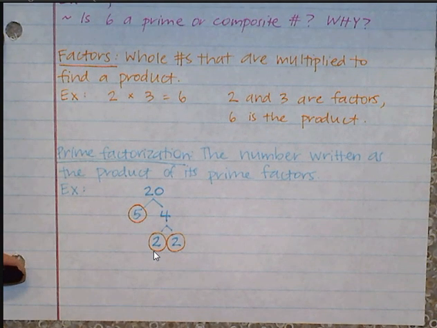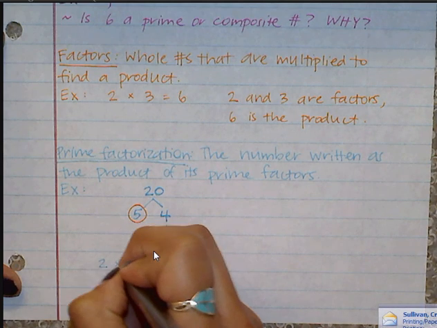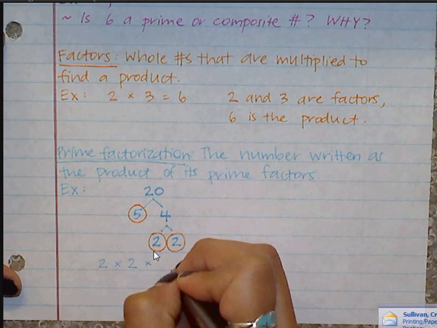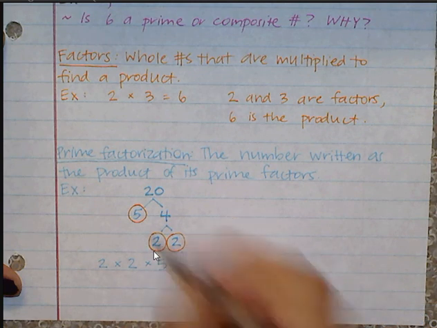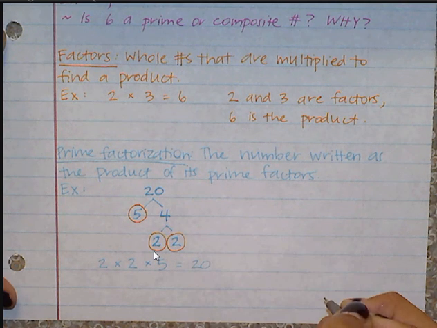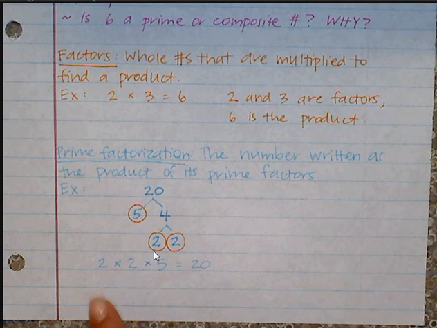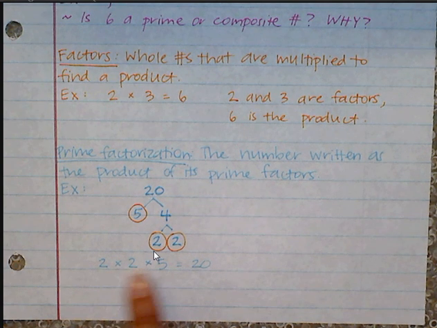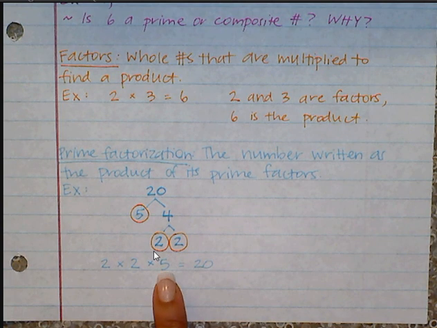We have 2 times 2 times 5, and that equals 20. So prime factorization is the number written as the product, multiply, the product of its prime factors. So this is a factor tree.